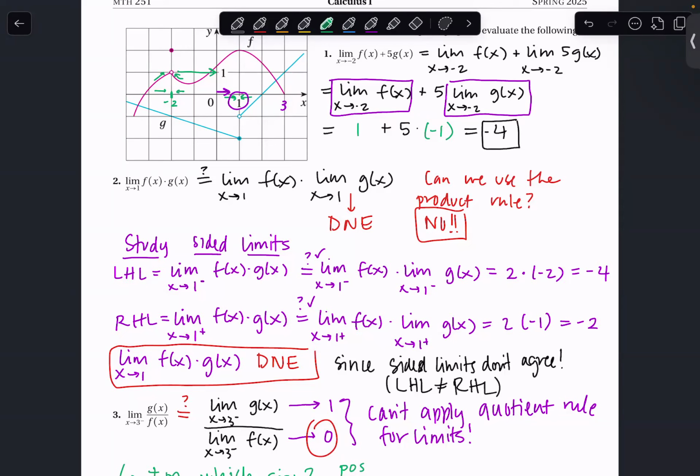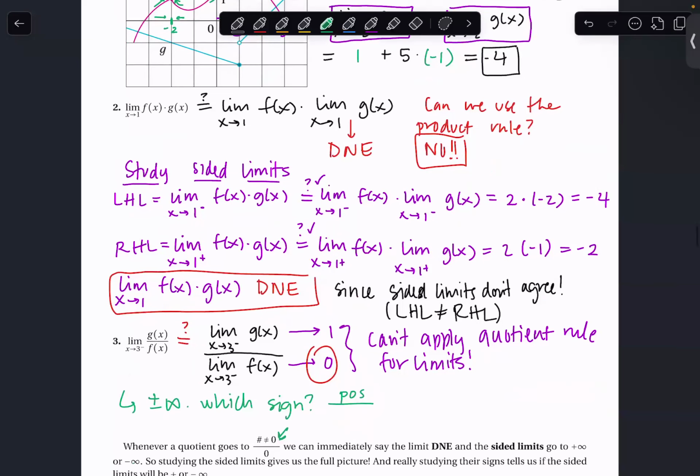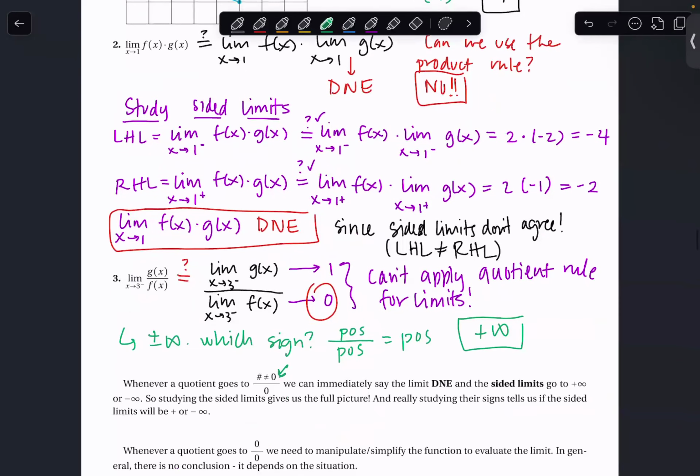If I went all the way through on the right-hand side, it would be negative. I get 2 different answers for my left and right-handed limit. But here, I'm just looking at left-handed limit. On the left, it's above the x-axis, so it's going to be positive here. So I get positive over positive, which is positive. So my answer here, instead of just saying does not exist, I can say it goes to positive infinity.